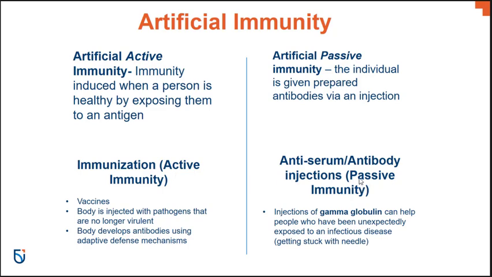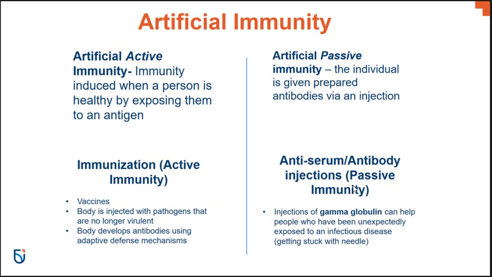Artificial immunity can also exist in passive form. So remember, in the case of passive, you're not actually producing the antibodies yourself. So for example, let's say I throw something into the garbage in a public garbage, and I realize that I think I dropped my wallet in there as well, and I reach in and I prick my finger on a needle that was in the garbage. It's possible that that needle could be infected with some virus.